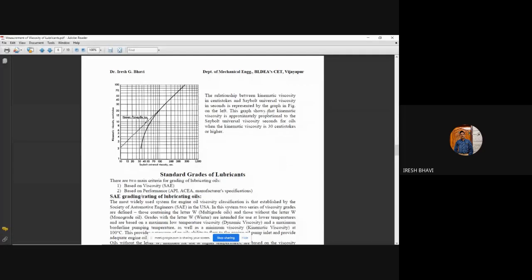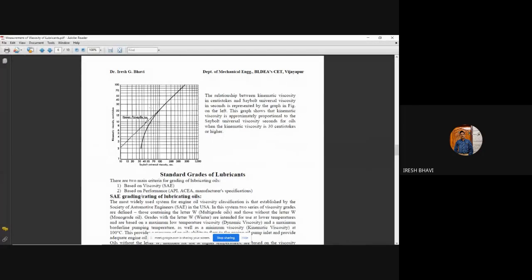Here, this graph shows that kinematic viscosity is approximately proportional to the Saybolt universal viscosity for oils when the kinematic viscosity is greater than 30 centistokes. See here, from 30 centistokes or 20 centistokes, it is a straight line.